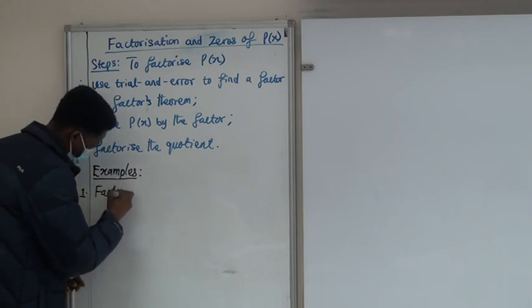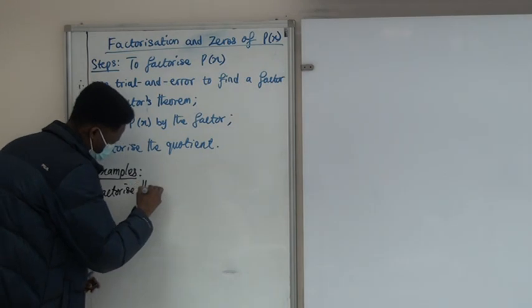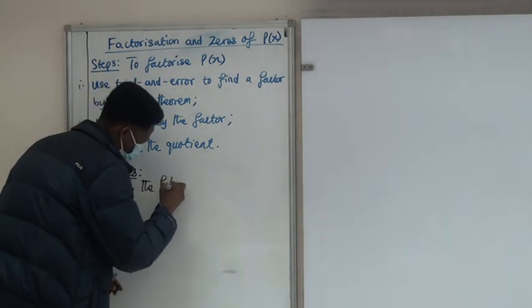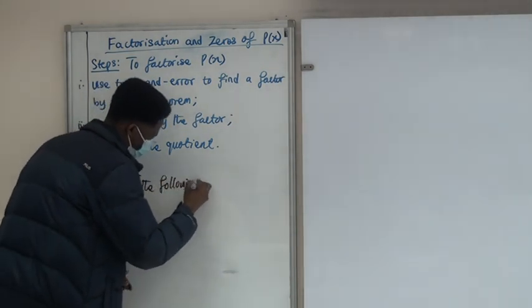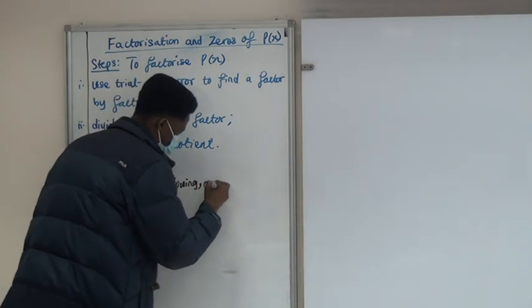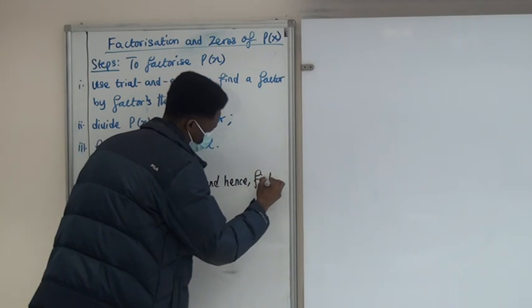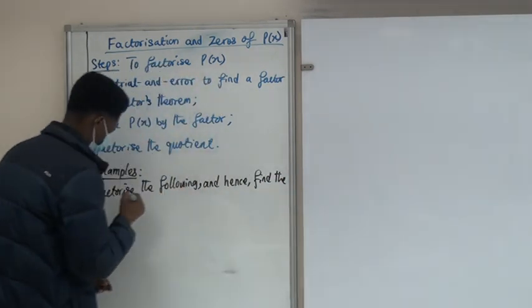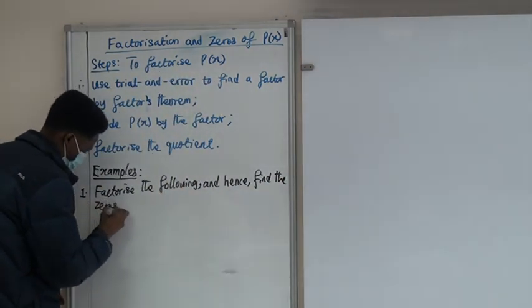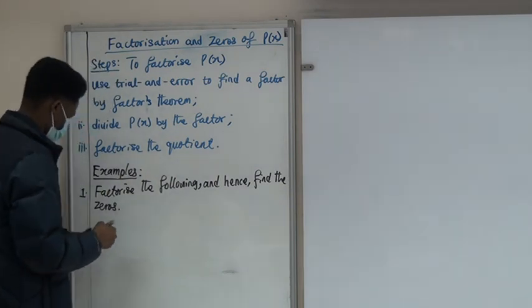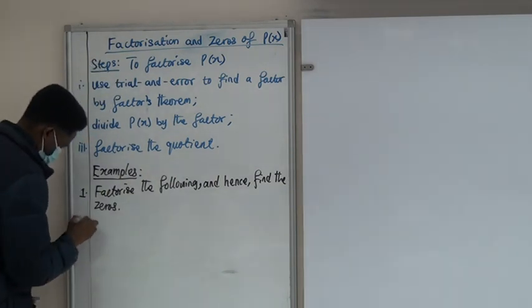Factorize the following and hence find the zeros of the polynomial, of course. So the first question.